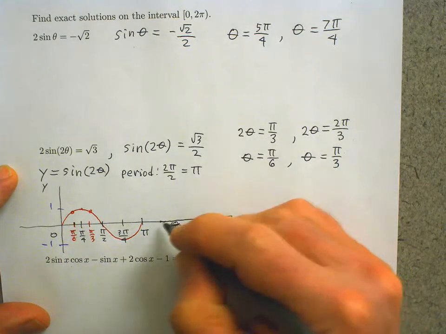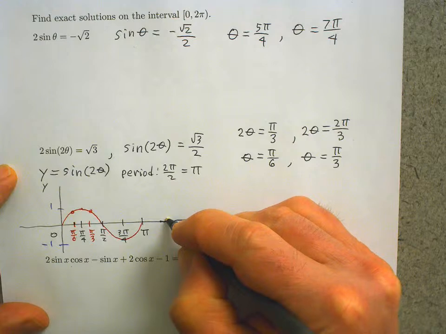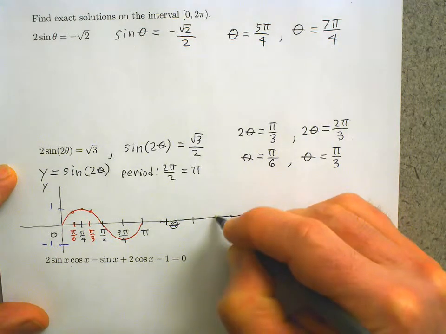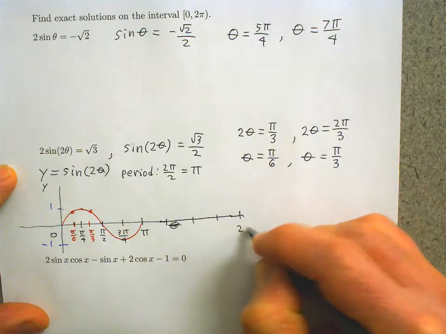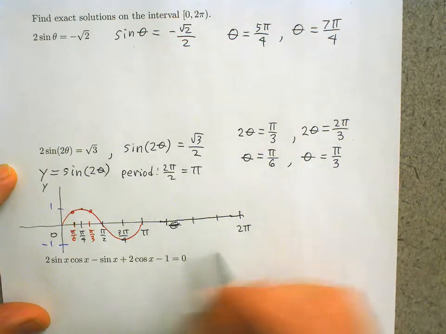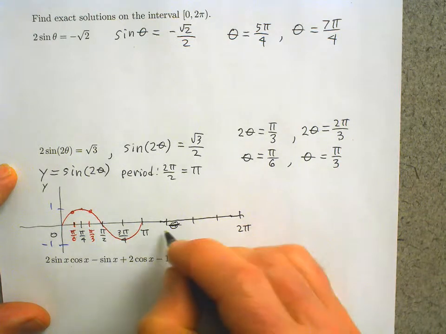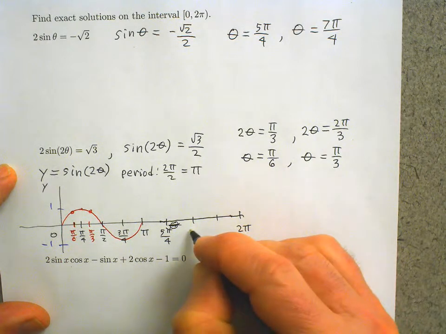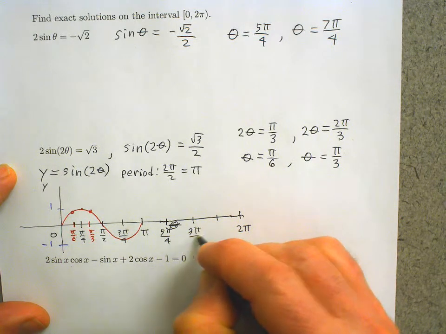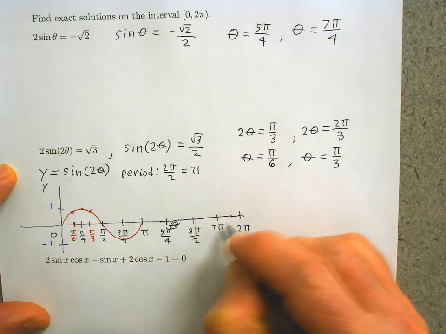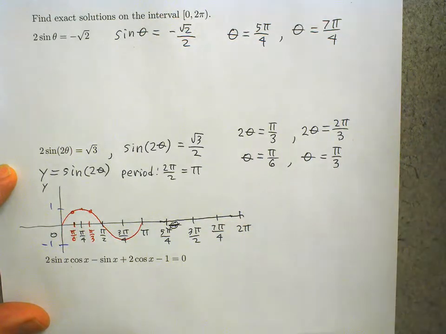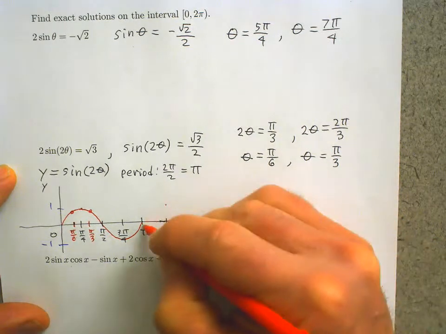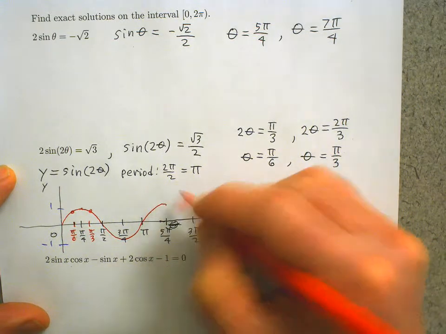So if we sketch another period of the same function and go all the way to 2 pi, let's see, this will be 5 pi over 4, then 3 pi over 2, 7 pi over 4. And we get one more period of this function.